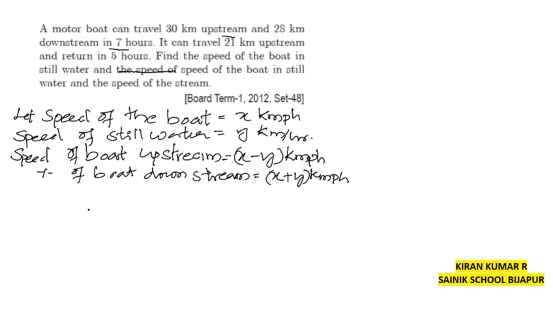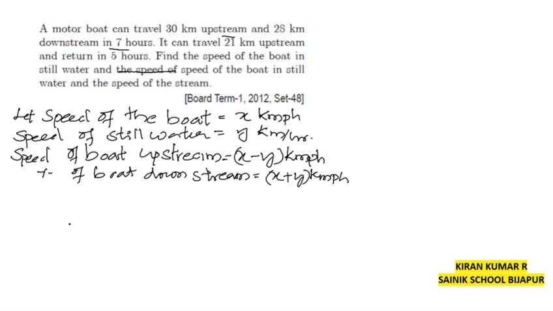Now I have to frame the equation. They have given that the boat travels 30 kilometer upstream and 28 kilometer downstream in 7 hours. We have a concept called speed. Speed is distance upon time taken.